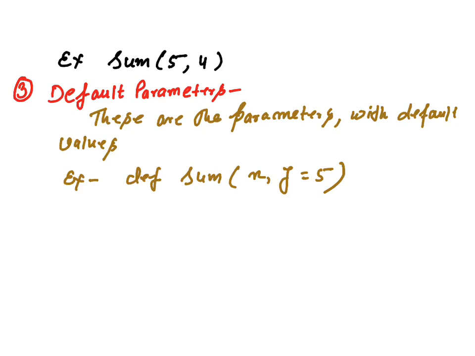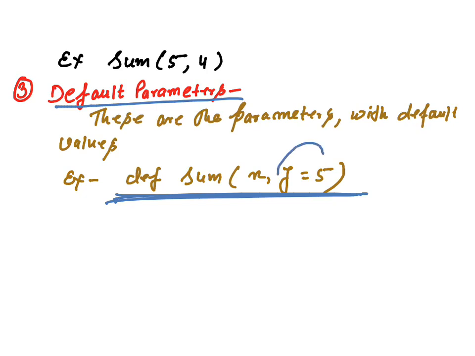Now the next one is default parameters. These are parameters with default values. When we are defining the function prototype, at that time, if we are giving the value, meaning the value at declaration time, then that type of variable will be treated as a default parameter.